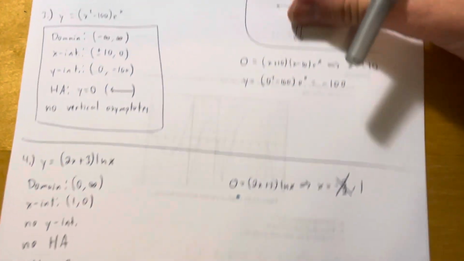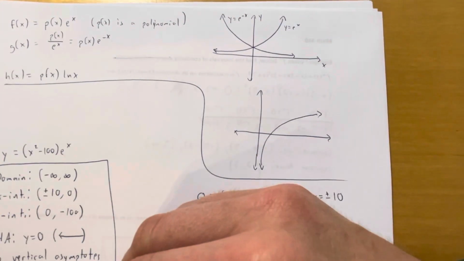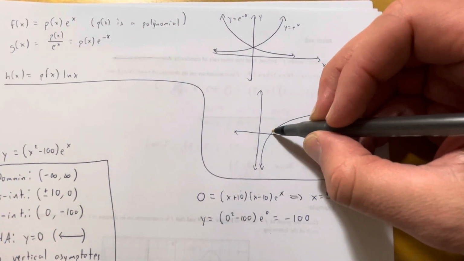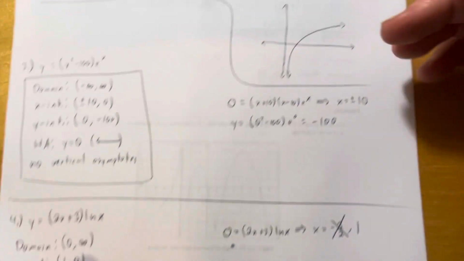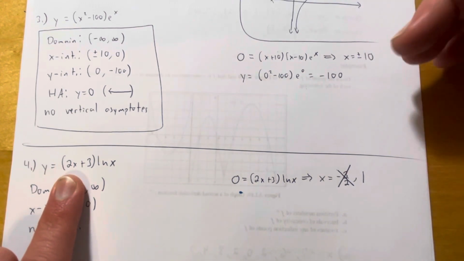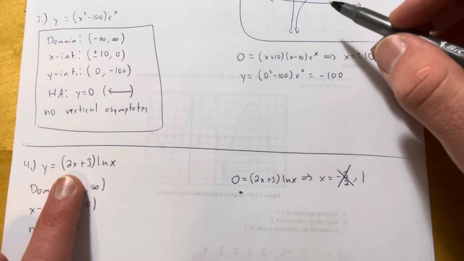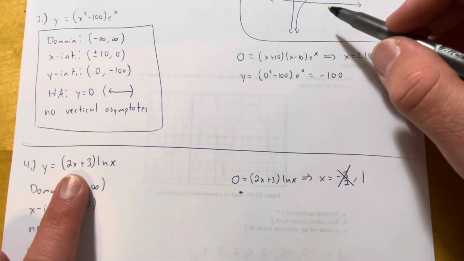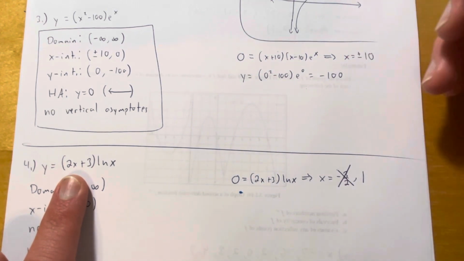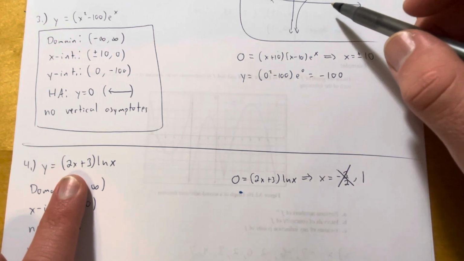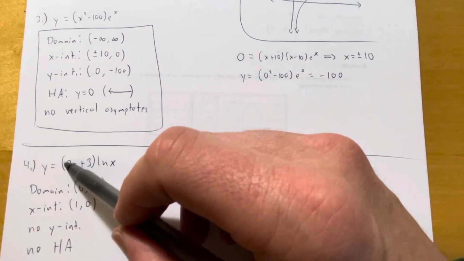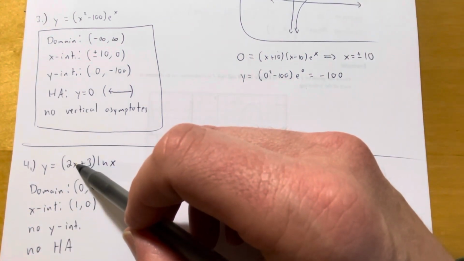Now I said we don't know whether the graph of our function down here is going to be approaching x equals 0 this way or that way, but we can determine that by thinking a little bit more about this function specifically. So if you plug in a value of x that's very close to 0, like x equals 0.01 or 0.0001 or 0.000001, this term is going to shrink towards 0, but then we're going to add a 3 to it.